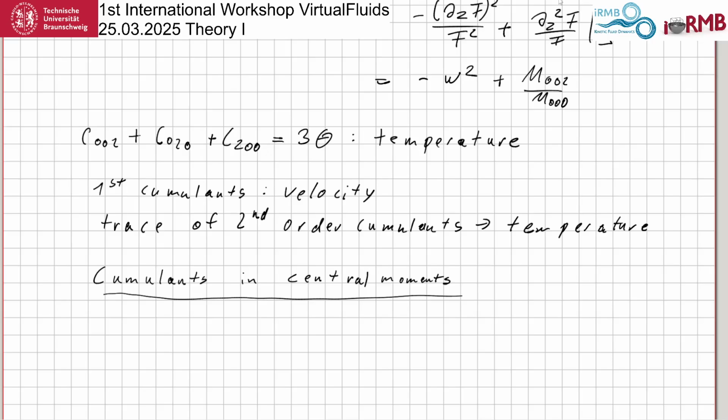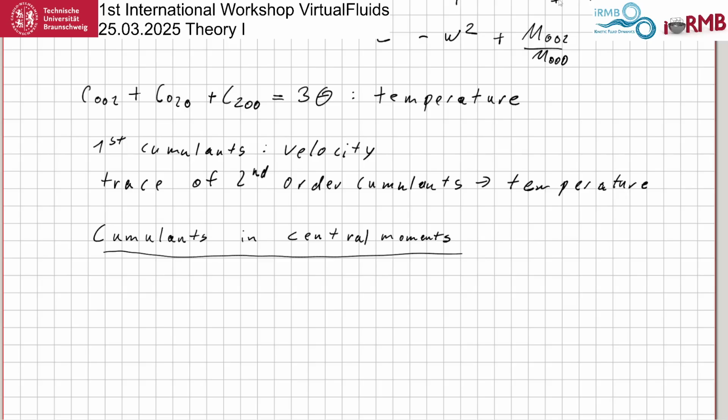I actually didn't talk about central moments at all, but the moments that we have derived previously, these raw moments, are moments in the Euler frame, because we have to assume a certain frame of reference in which we take the integral over the velocity space.